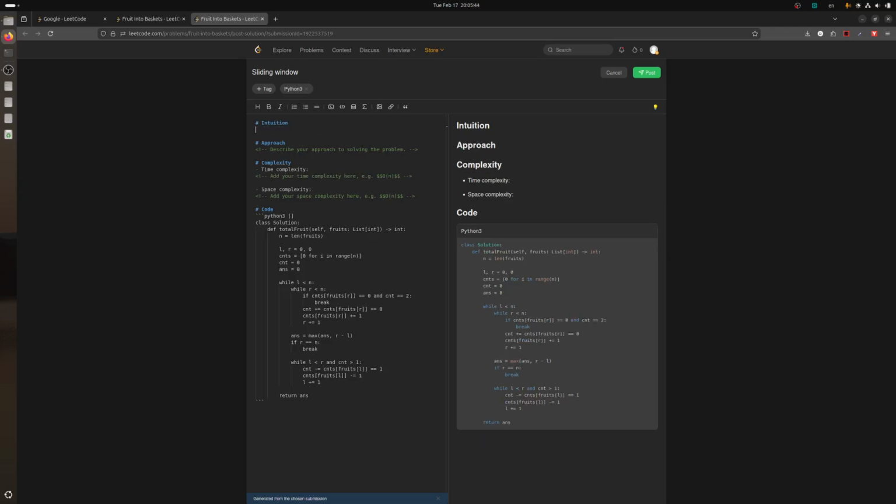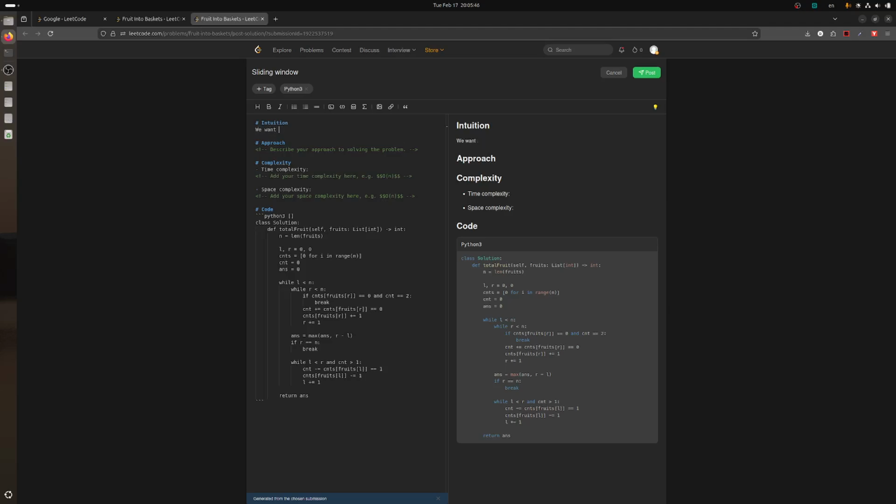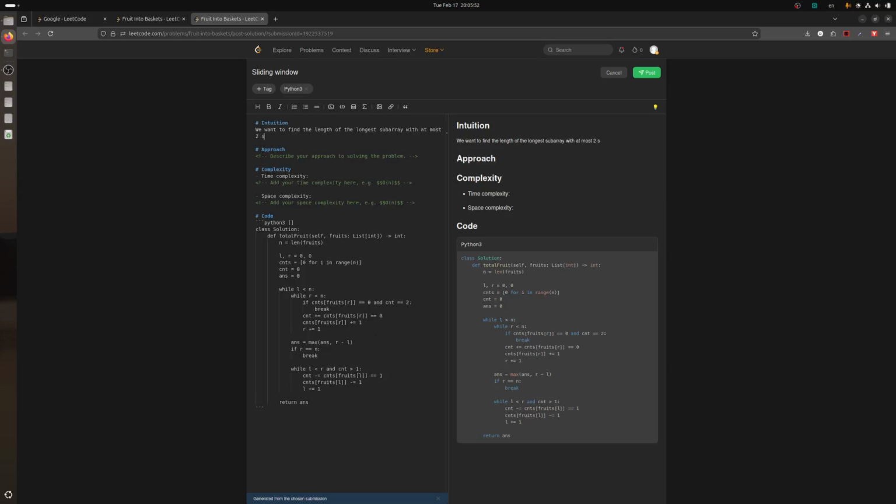So intuition: we want to find the length of the longest subarray with at most 2 distinct elements.